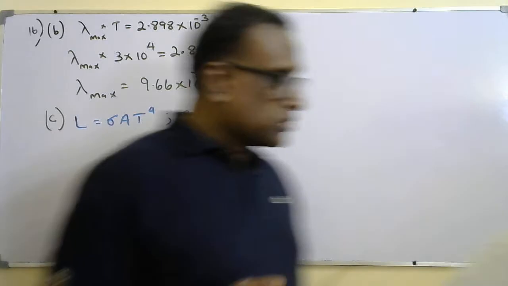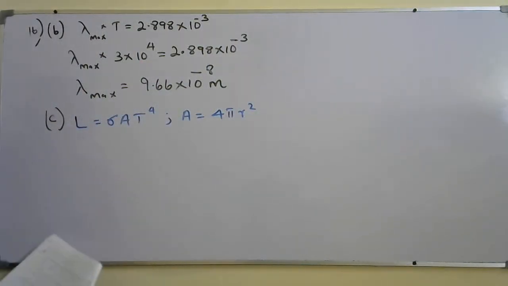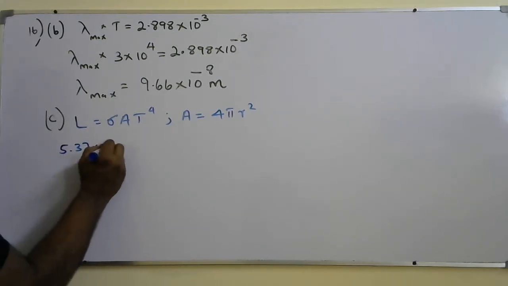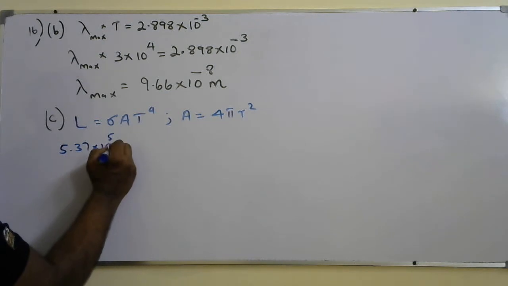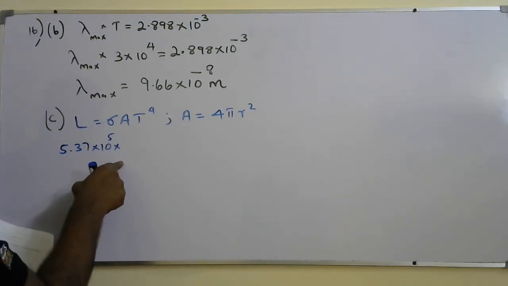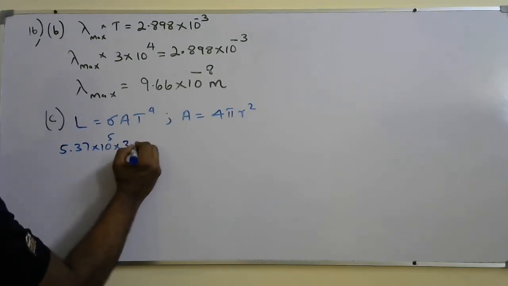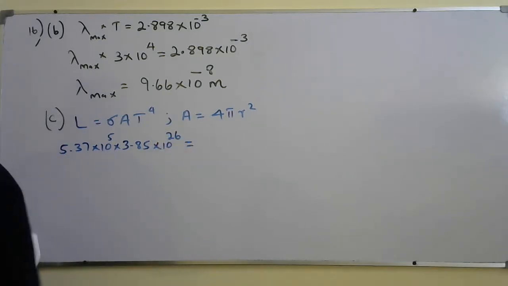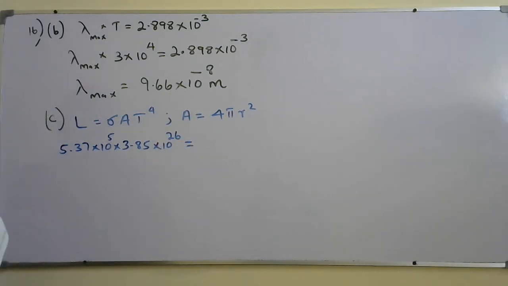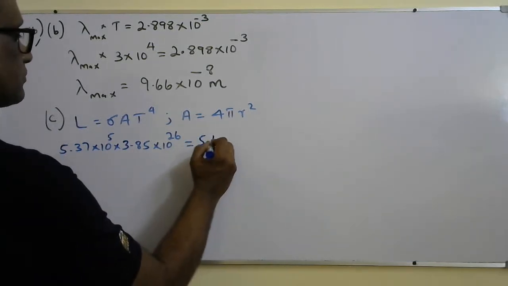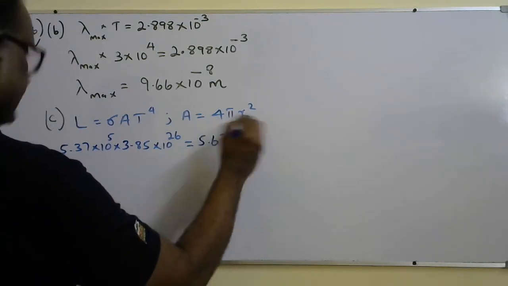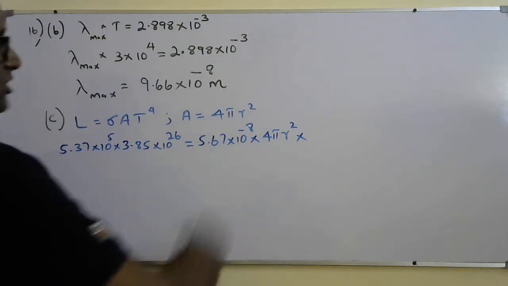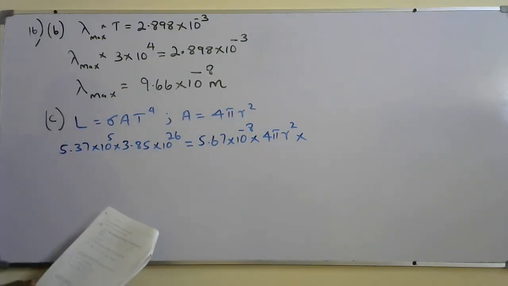So L equals the relative luminosity 5.37 times 10 to the power 5, given in the table, multiplied by the luminosity of the sun given below the table, 3.85 times 10 to the power 26, equals sigma, the Stefan-Boltzmann constant 5.67 times 10 to the power minus 8, times 4 pi r squared, the surface area of the spherical object, times T to the power 4.